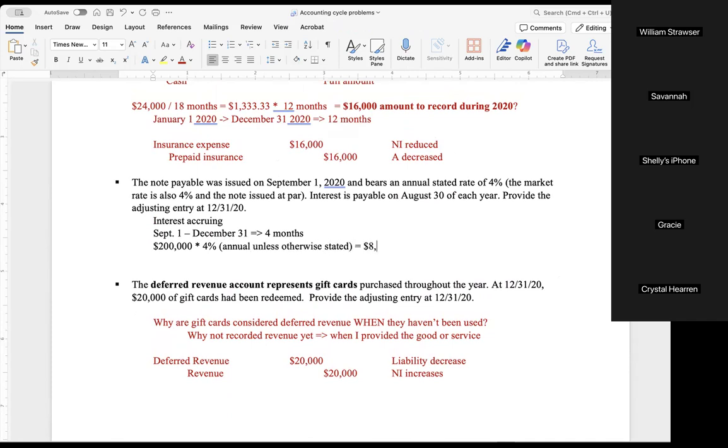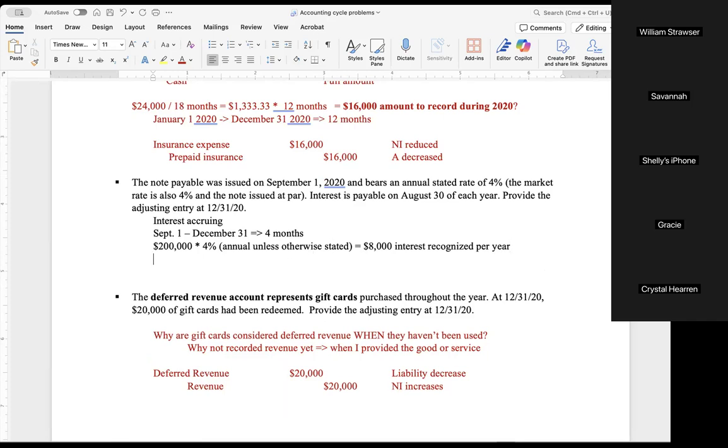And so that tells me I'm going to generate $8,000 of interest per year. But I'm only looking for 4 months. So I take the 8,000, divide that by 12 to get the per month amount of interest, and then multiply that by the 4.